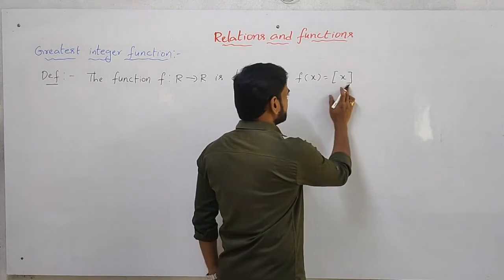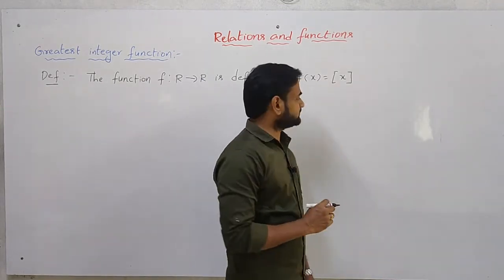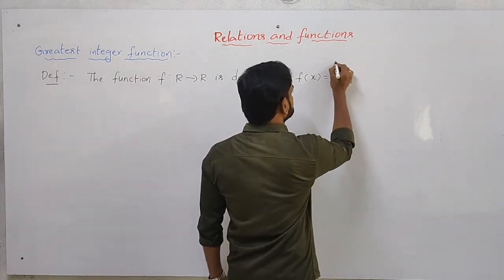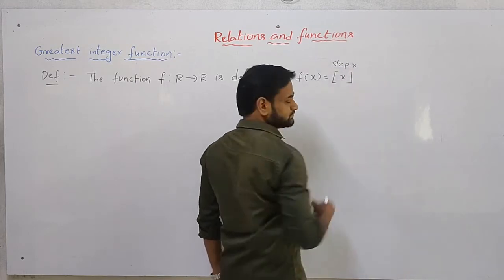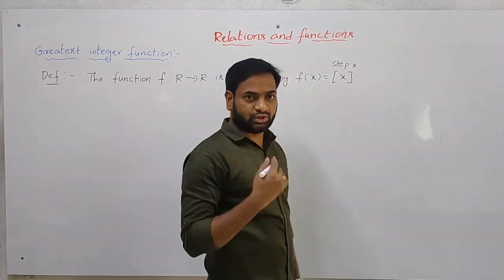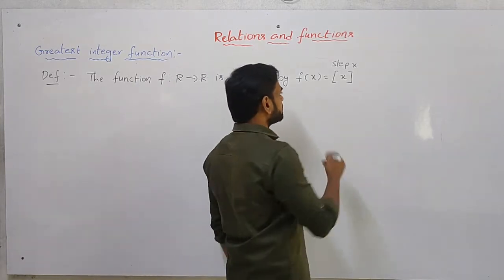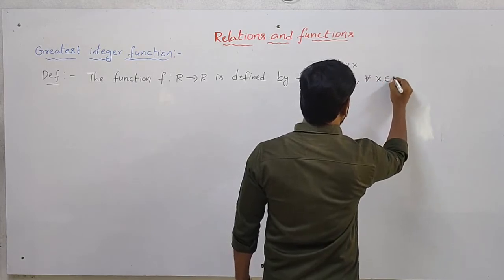This is a square bracket, this is a square bracket. So we can call this step x. We can pronounce this as step x, for all x belongs to R.